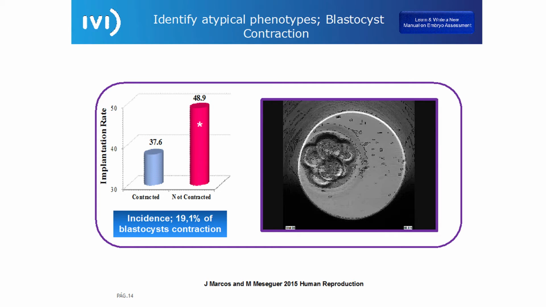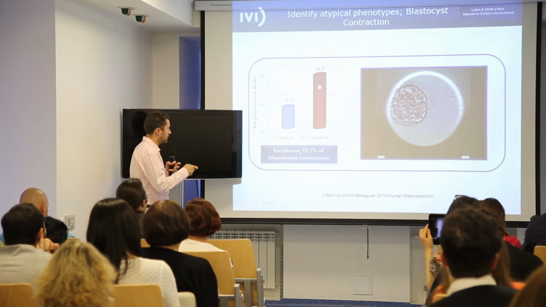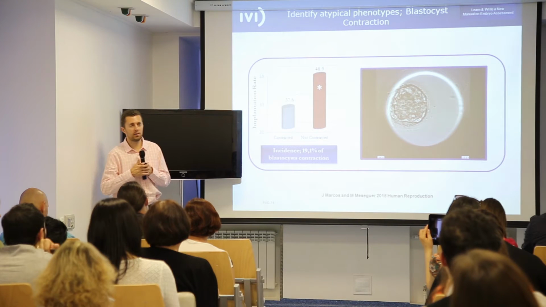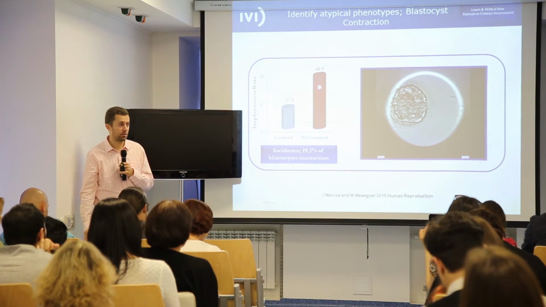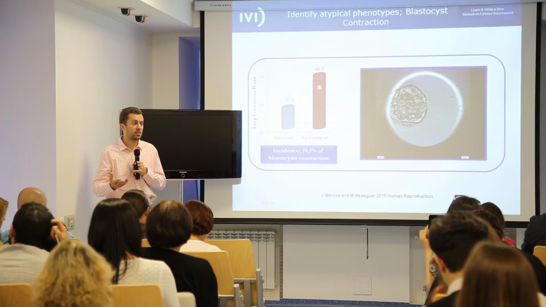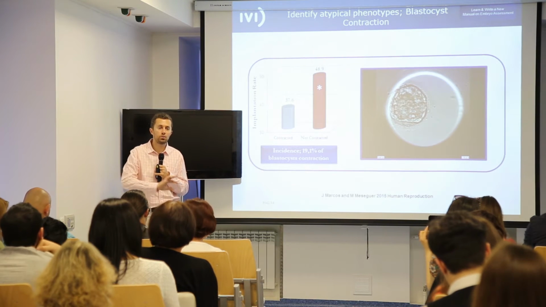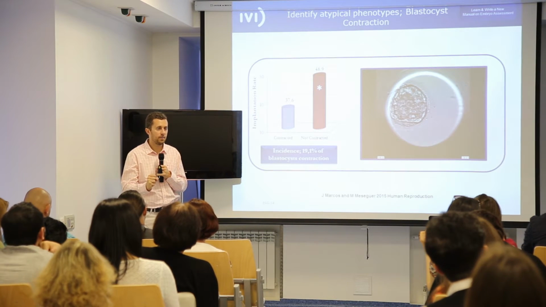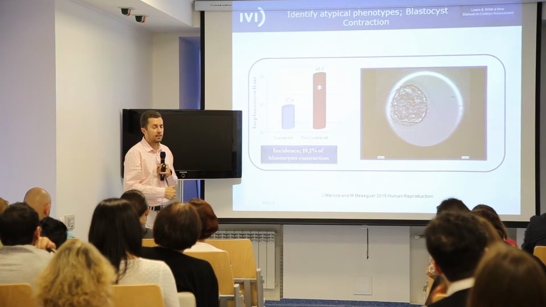And if we take a look at the proportion of blastocysts that we transfer that have a collapse, and you take a look at the implantation rate, embryos with a contraction implant between 10 and 12% less than embryos without a collapse or contraction. So if I have several blastocysts available for transfer with relatively similar morphology, I will avoid transferring an embryo with a collapse because I know it has less implantation potential than an embryo without.